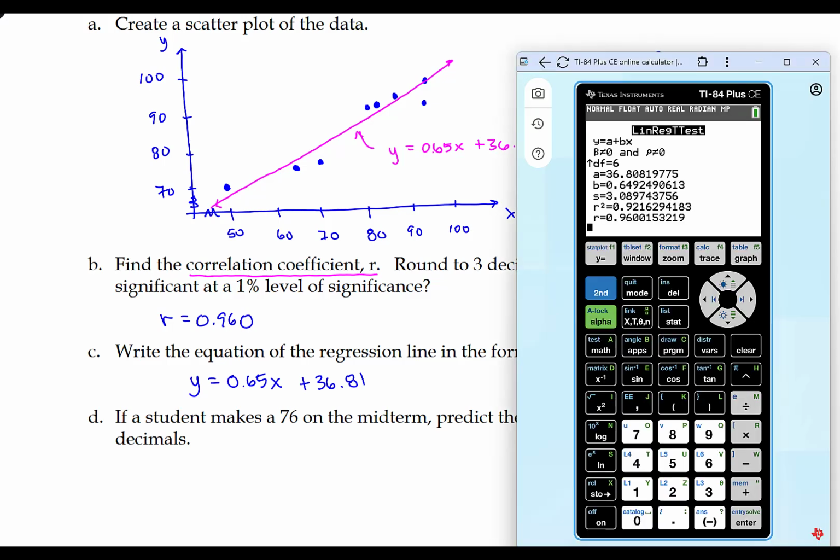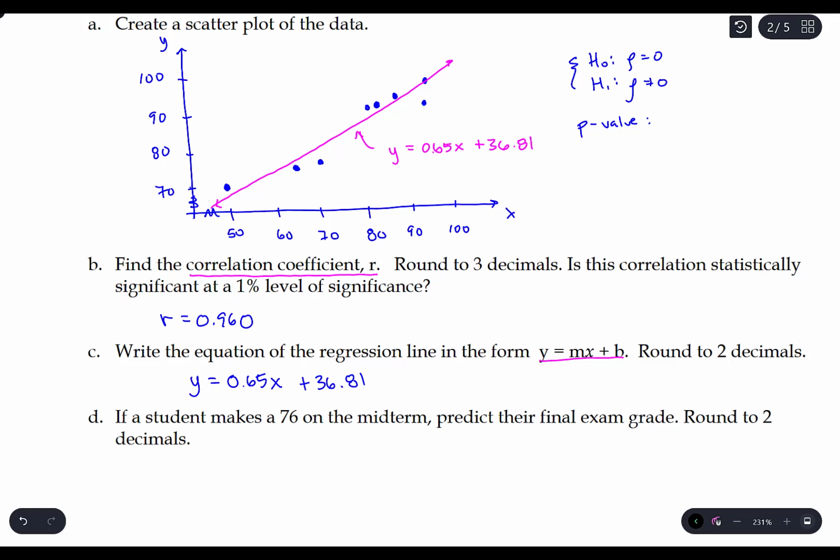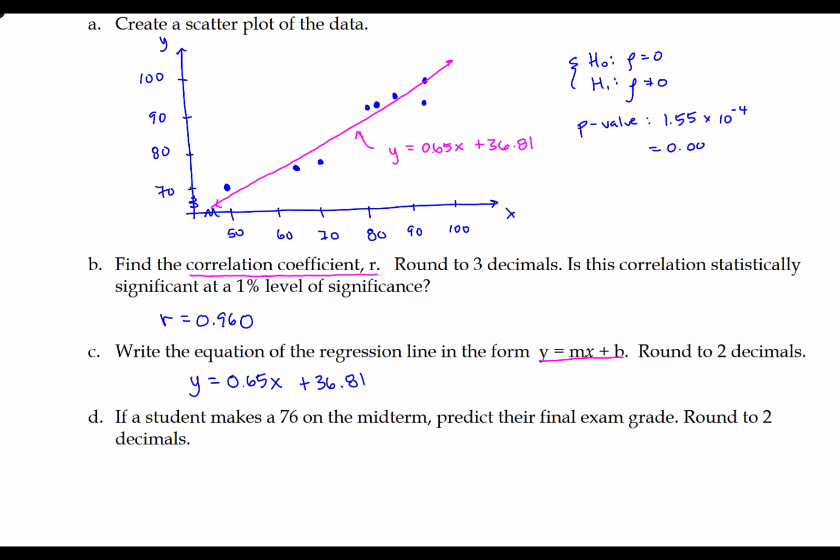And it just so happens that this output screen also provides a p-value, which, if you'll notice here, is 1.55e-4. So that's going to be 1.55 times 10 to the negative 4th power, or 0.000155.